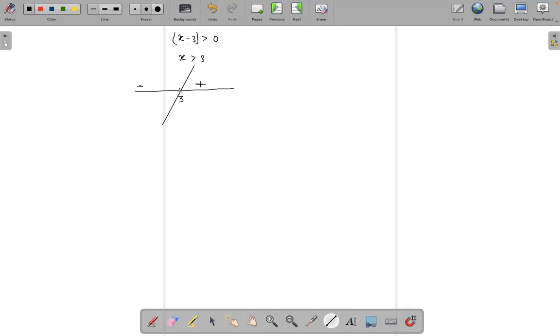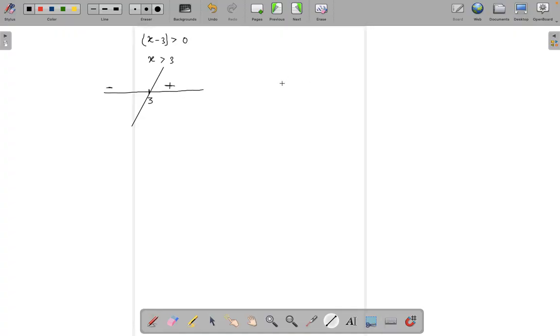If you are above 3, it will be positive. If you are below 3, it will be negative. The curve is moving and it will cross the 0 mark at 3. If you increase the value further, it will be positive. If you decrease it further, it will be negative.